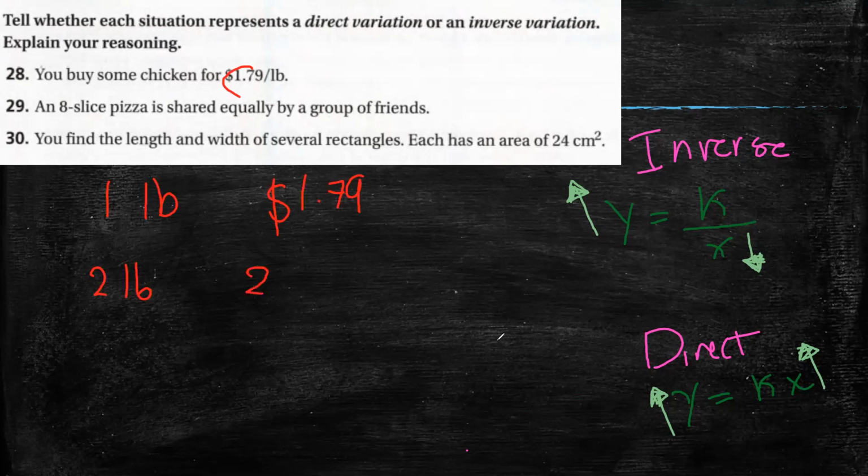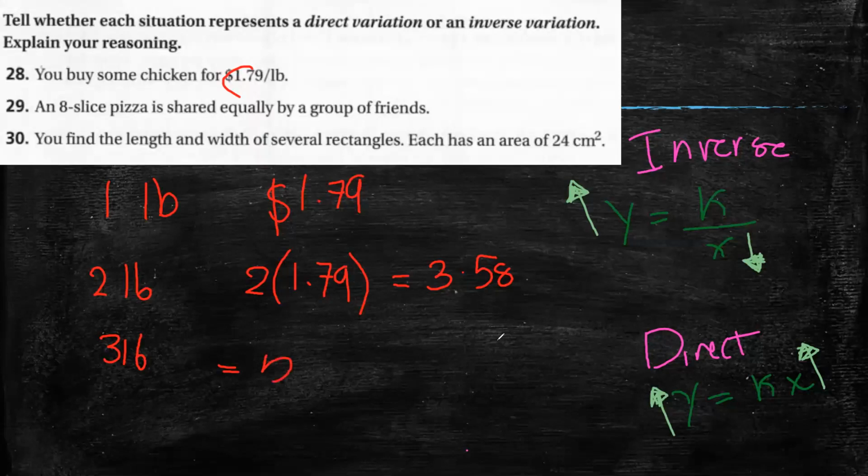Teacher, I will multiply. Exactly, you multiply 2 by this number, you get 3.58. And if the weight is 3 pounds, you multiply 3 times 1.79 and you get 5.37.